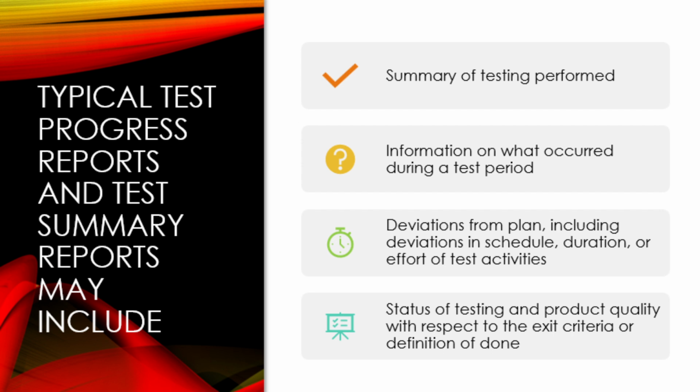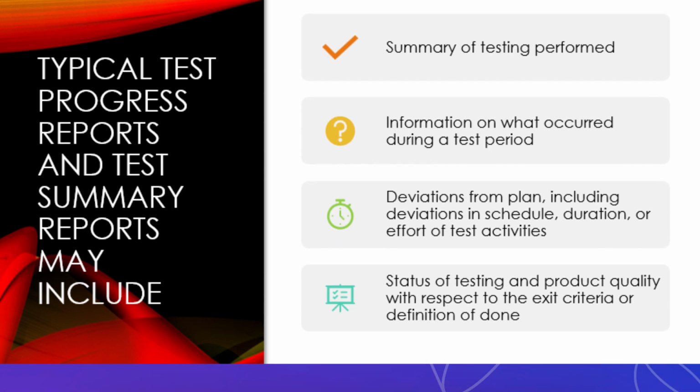Typically test progress reports and test summary reports may include a summary of testing performed, information on what occurred during the test period, deviation from plan, including deviation in schedule, duration or effort of test activities, status of testing and product quality with respect to exit criteria or definition of done.